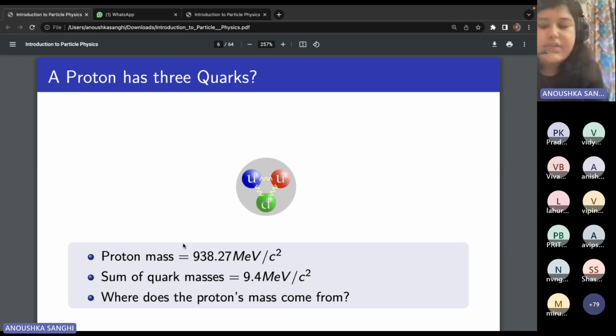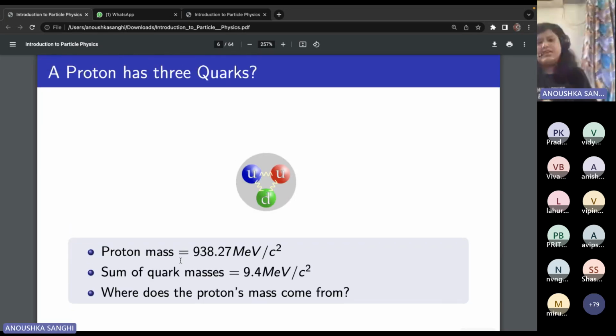And the sum of the masses of the quarks is 9.4 MeV, which is an energy unit, and the proton mass is too high. So the mass of the quarks is less, but the proton mass is too high. Why is that?